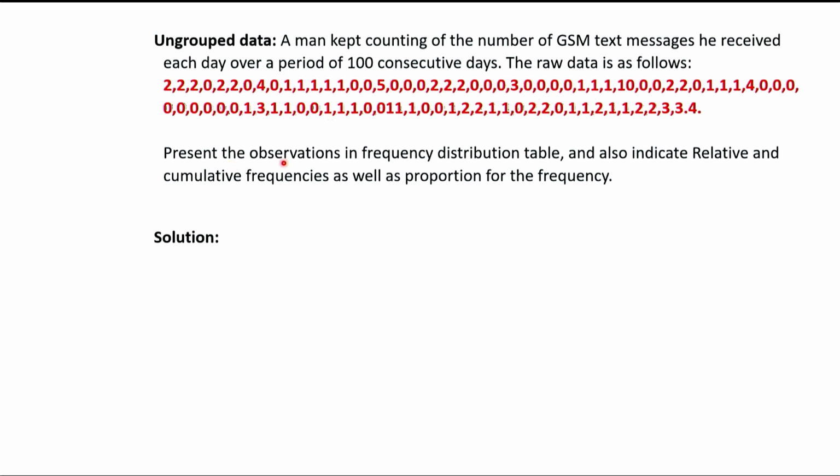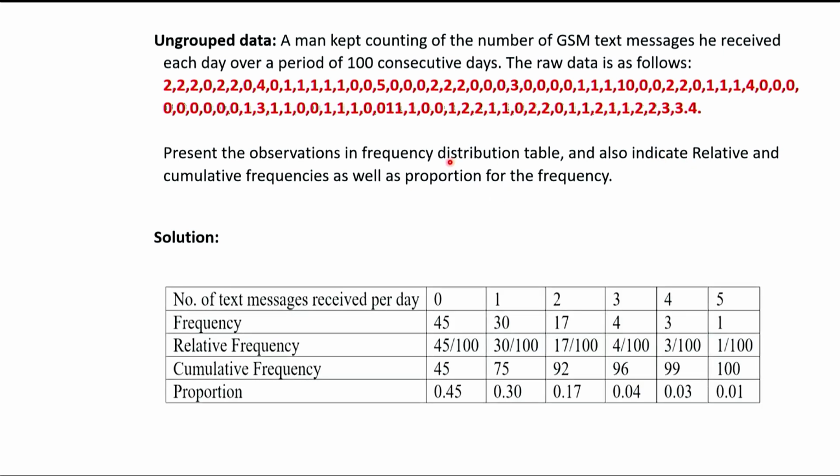You have to present the observations in a frequency distribution table and also indicate the relative as well as the cumulative frequency. Now let's look at the solution for this particular table. You can see the number of texts received per day: 0, 1, 2, 3, 4, 5. The highest is 5. For 0, the frequency is 45.